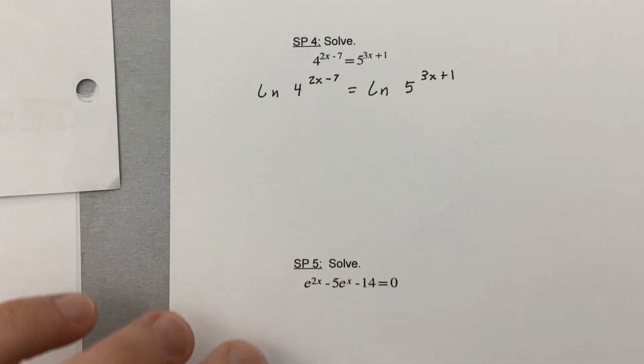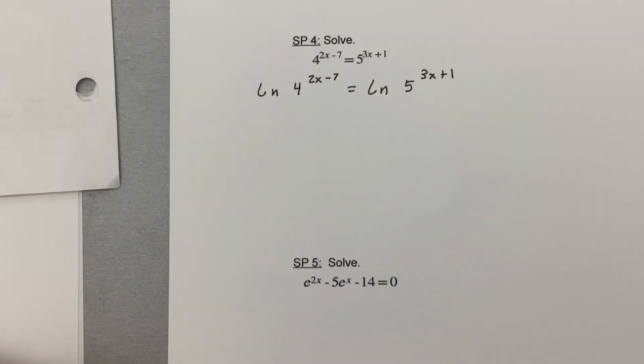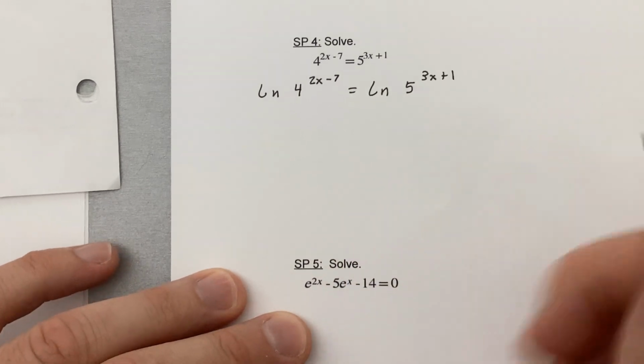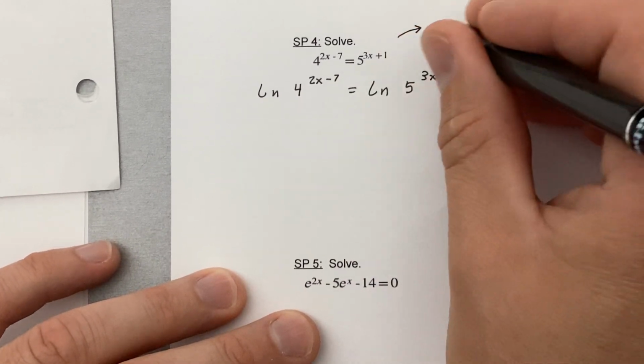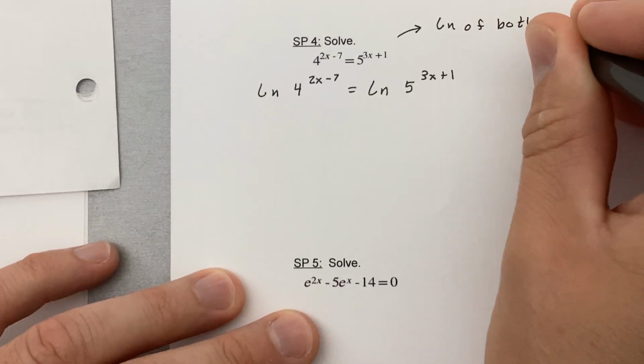So I'm going to use the technique where we take the log or the natural log of both sides. I'm not going to convert it to log form in this case because I got an x on both sides. So that's kind of your hint. So natural log of both sides.